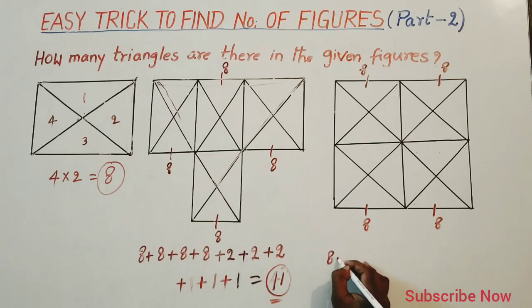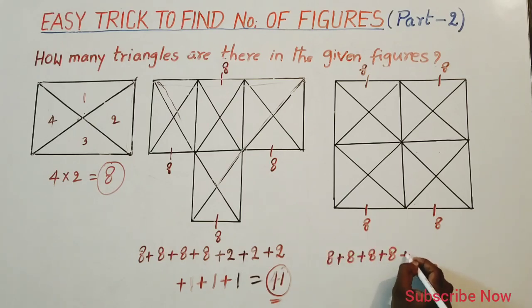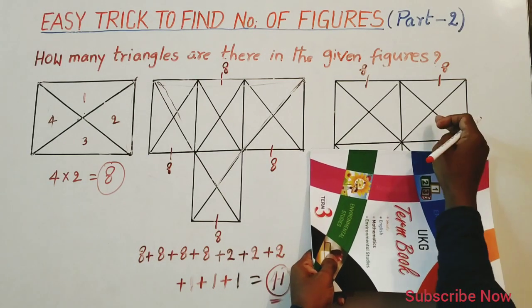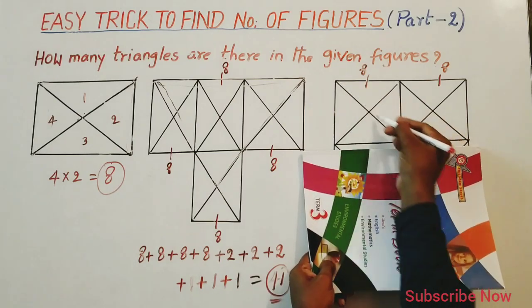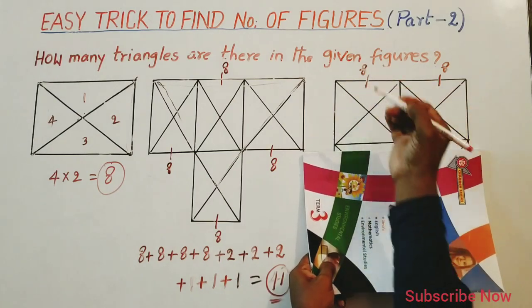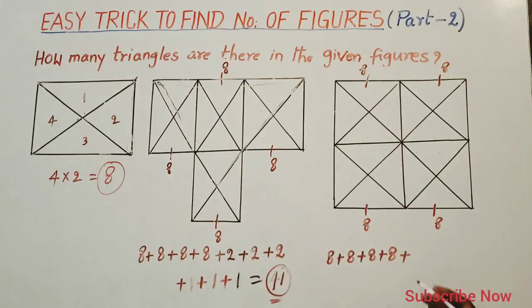Totally 8 plus 8 plus 8 plus 8 plus. Now you just remove this one and observe these two parts. If you combine these two parts, you can find this is one triangle and this is another triangle. So totally 2 triangles are there.